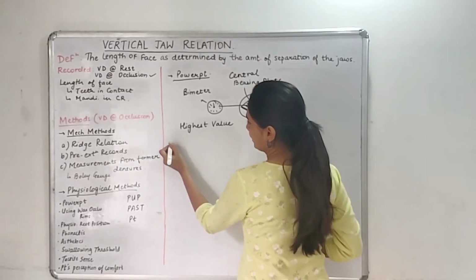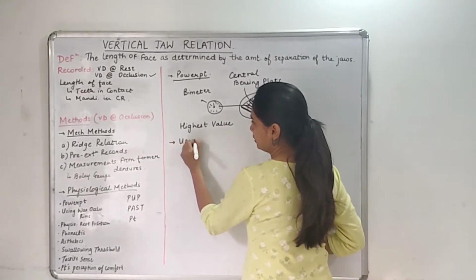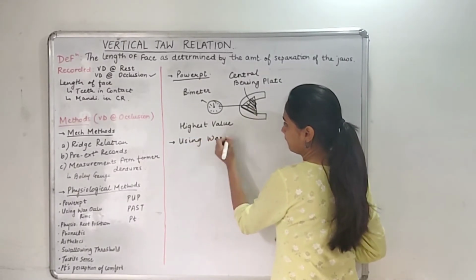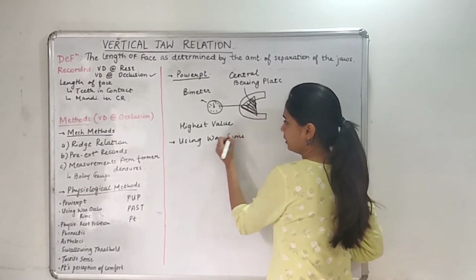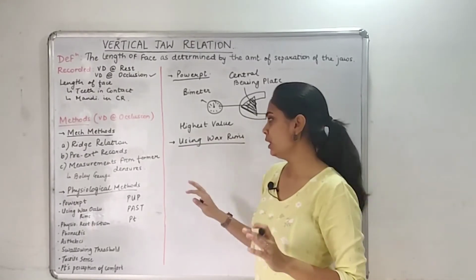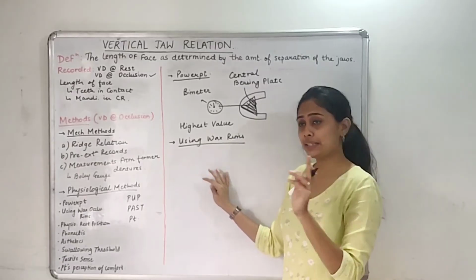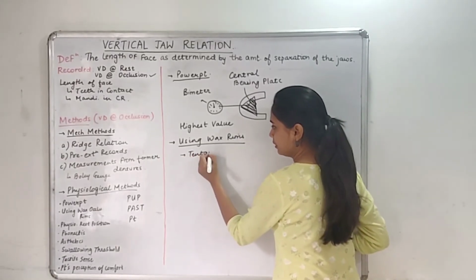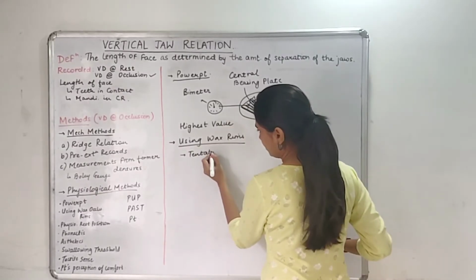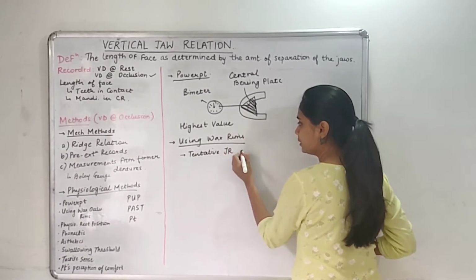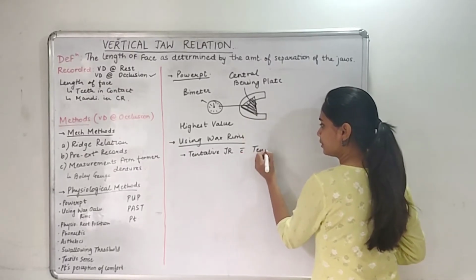Second is using the wax occlusal rim. By using the wax occlusal rims, first the maxillary rim is placed inside the mouth, and before placing that we take a tentative jaw relation, JR, with a tentative centric relation.